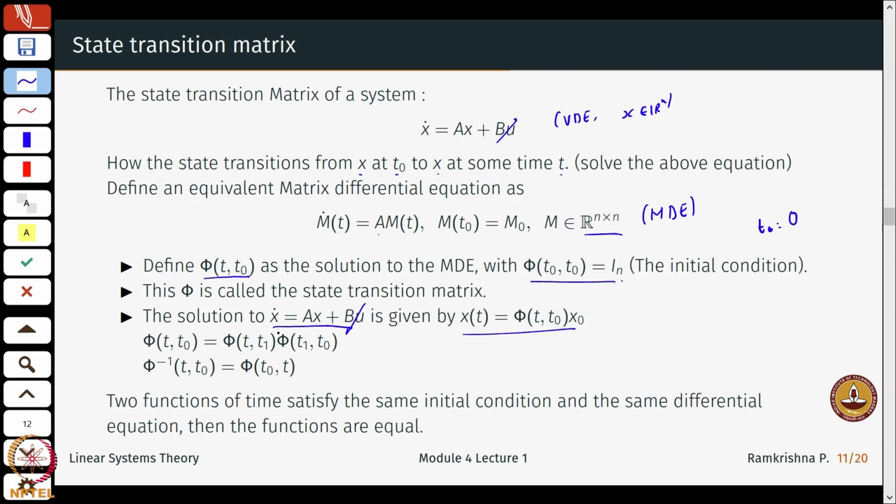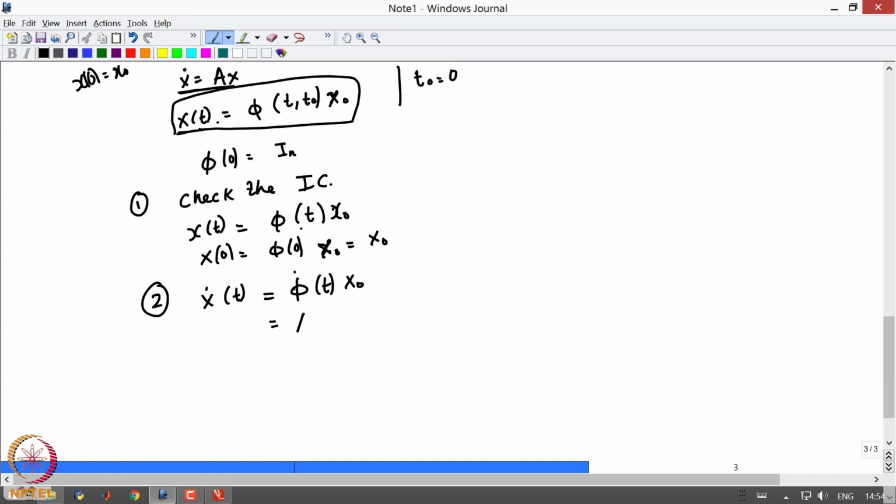Okay. Now, where does phi dot t come from? Well, phi dot t is the solution to this matrix differential equation, which means phi dot is such that it satisfies A times phi of t x naught. Now, what is phi of t x naught? Phi of t x naught is exactly this. This is A times x of t. Okay.